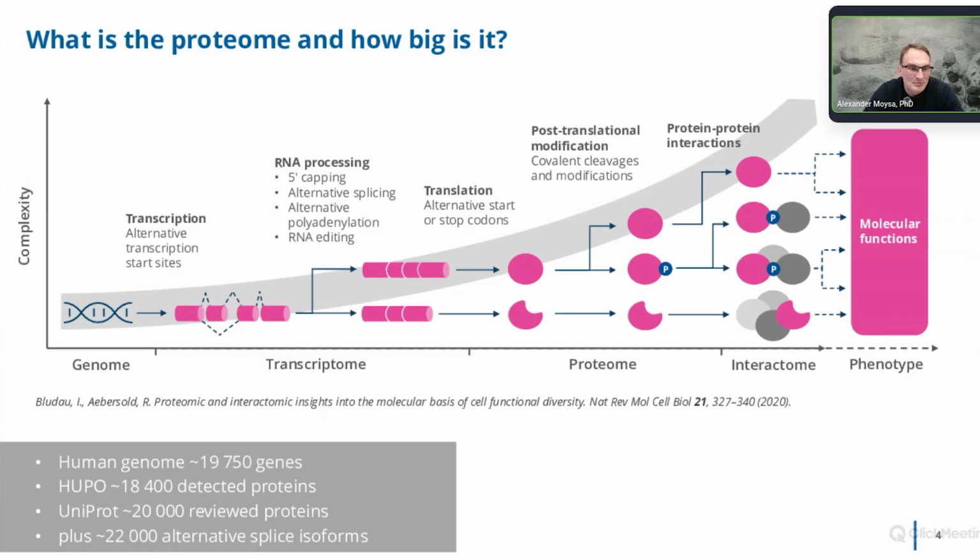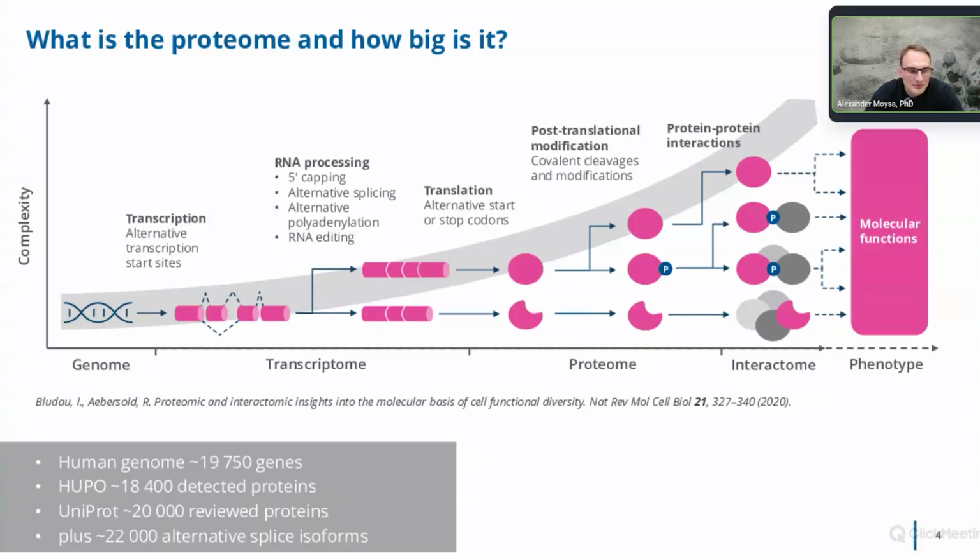The proteome is much larger than the number of genes. A single gene can produce multiple proteins through alternative splicing. Additionally, proteins often undergo post-translational modifications, which further increase complexity. At every stage, synthesis, processing, and regulation, the number of distinct protein forms can grow.